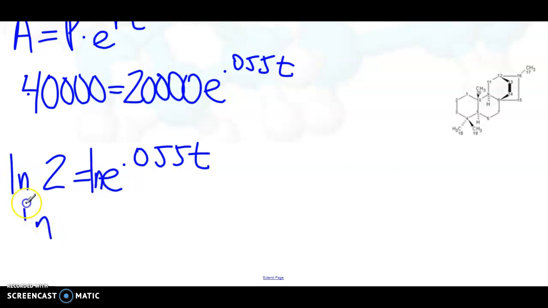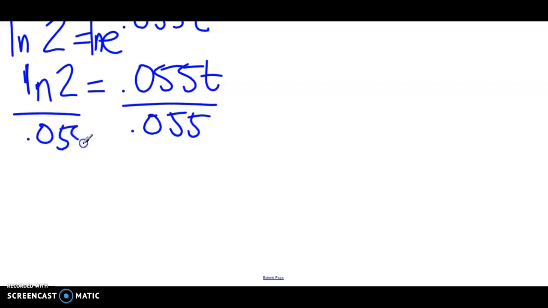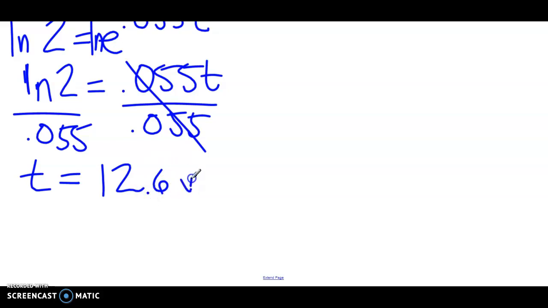So we have the natural log of 2 is equal to 0.055t. And then dividing both sides by 0.055, we will get our t amount. And the time it takes for this bank account to double is 12.6 years.